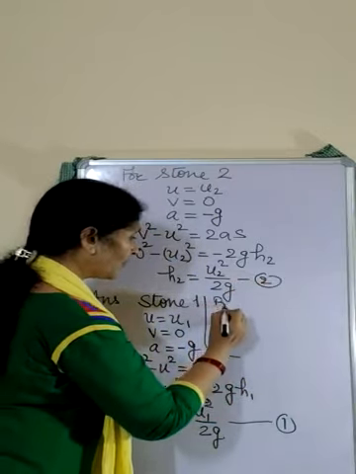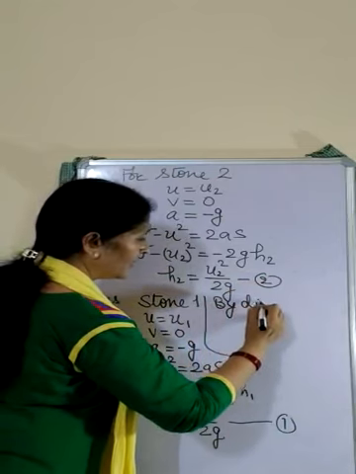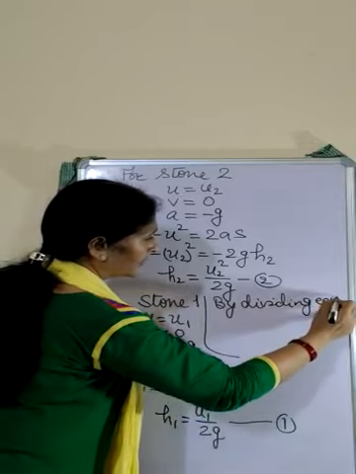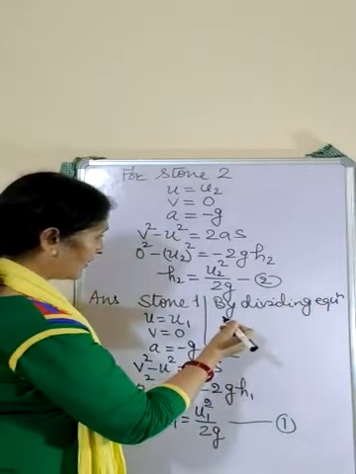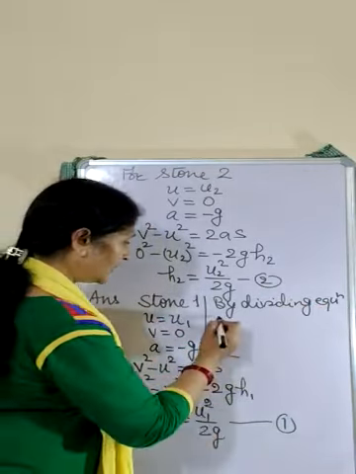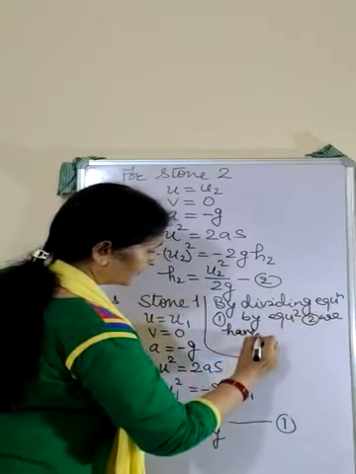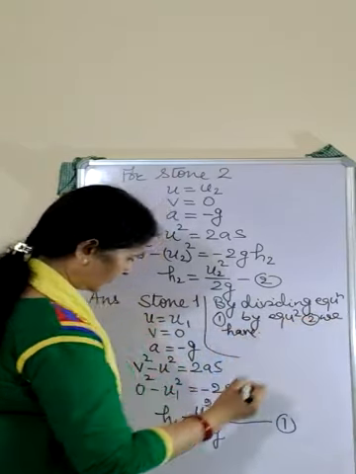by dividing equation number 1 by equation number 2, we have h1 by h2 is equal to u1 square by 2g into 2g by u2 square.